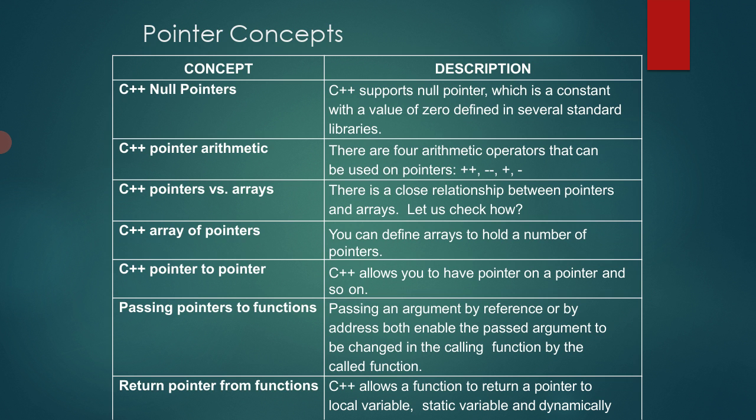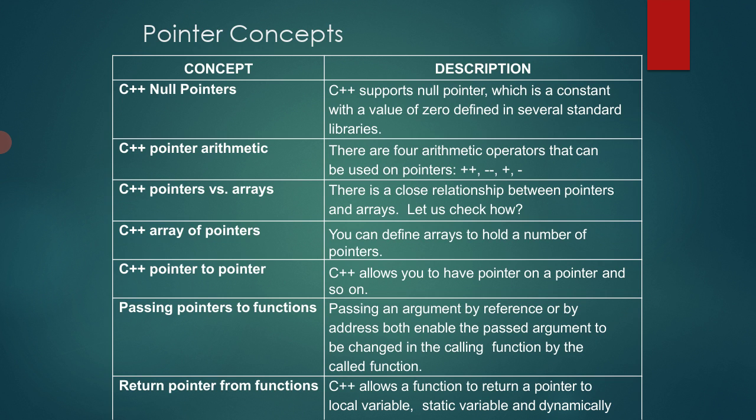Next, there are some concepts which are related to pointer. So let's start that. C++ null pointers. C++ also supports null pointers, which is a constant with a value of 0 defined in several standard libraries.